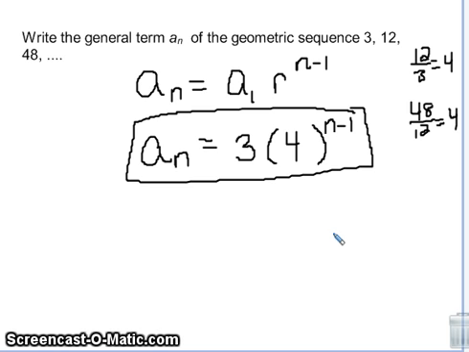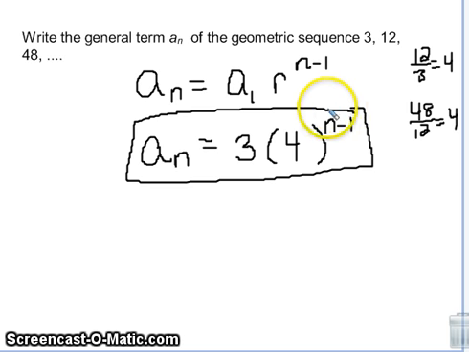And what type of relationship is this? If we wanted to describe this type of relationship, geometric, and the last type of relationship, arithmetic, how did I describe it? What type of function was it? Linear. Good, Nick. What type of relationship is this? It's going to be exponential because where's my variable?